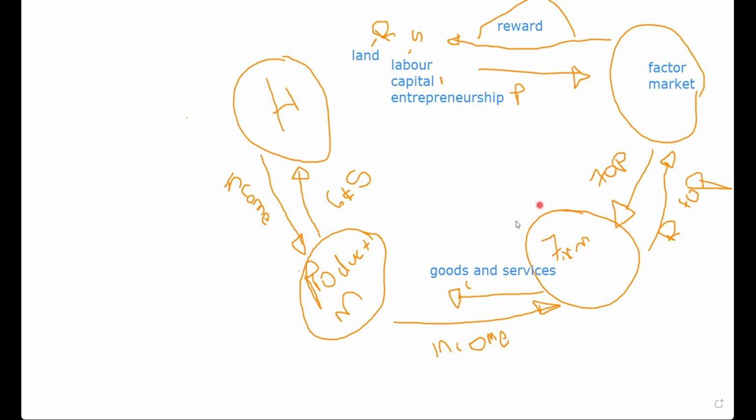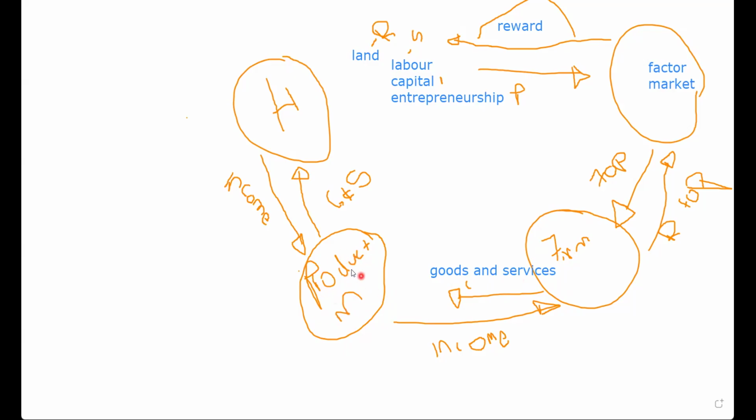Still, land will receive rent, labor will receive salary or wage, capital will get interest, and entrepreneurship will get a profit. Then the firm uses these factors of production. They produce goods and services. And then when it's finished goods and services, they sell those goods and services to the product markets. The product markets go to the firms and buy these finished goods and services.